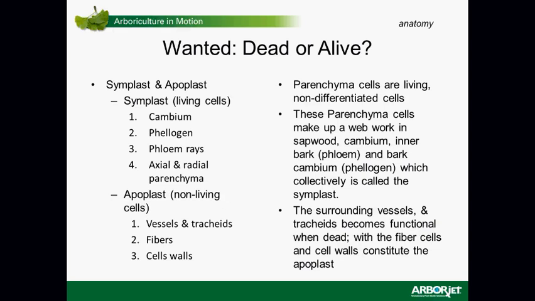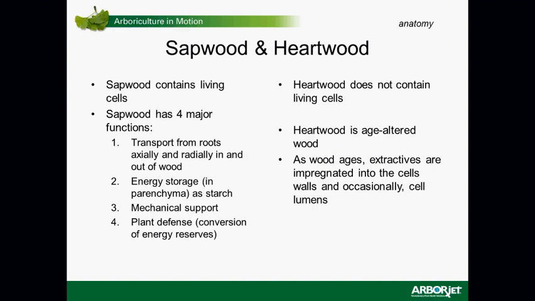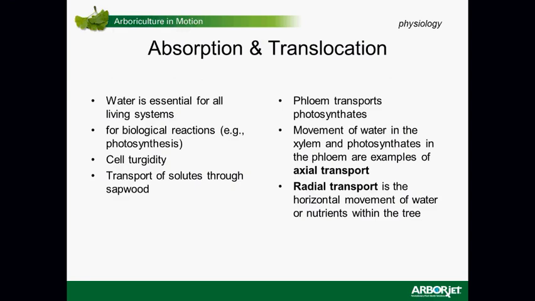So they are just a pipe or a capillary, if you will, and they constitute what's called the apoplast. The apoplast is non-living, and you'll see that living and non-living is important for water conduction in the plant.